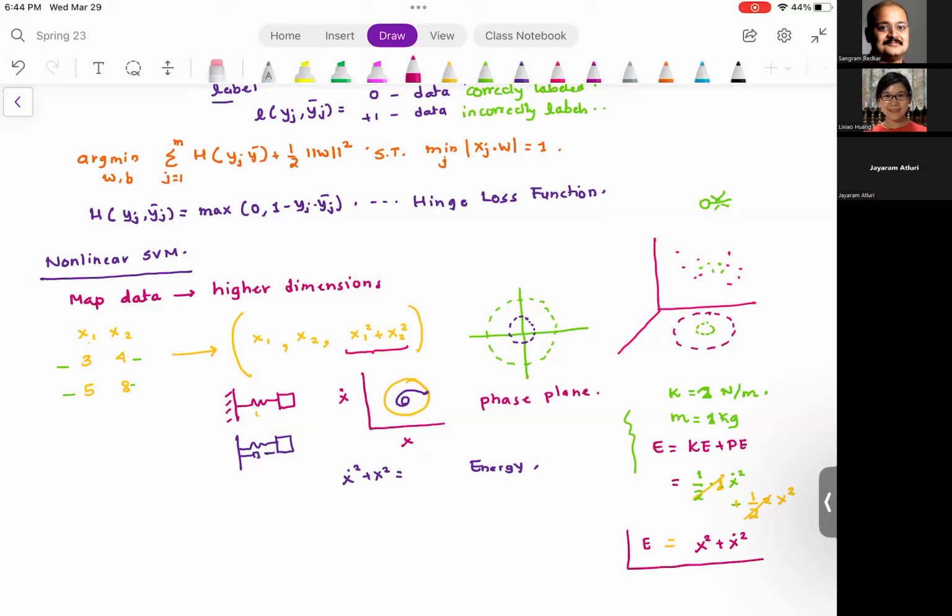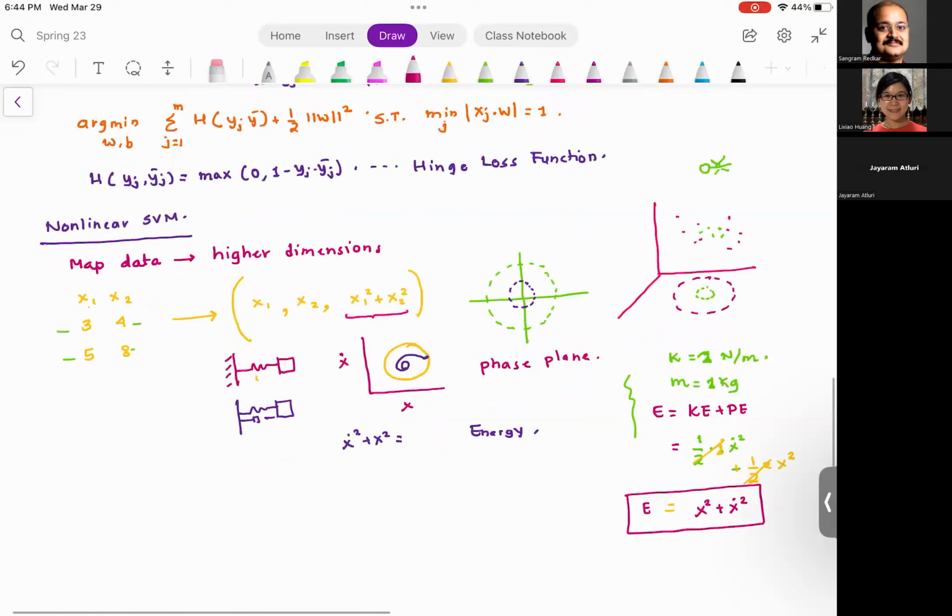So what that means is, sometimes if you just look at the displacement, or just at the velocity, it may not be evident, but once you look at the energy, you can totally see the system is different.